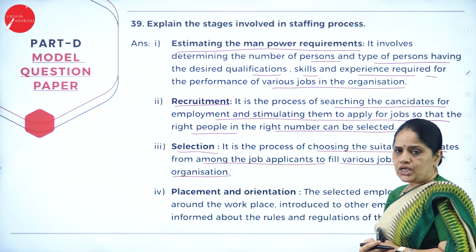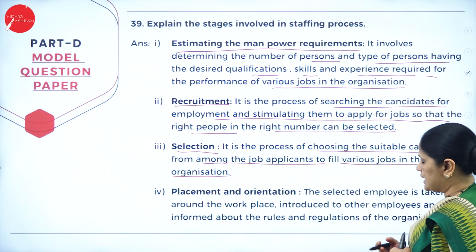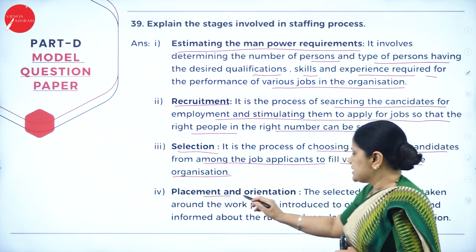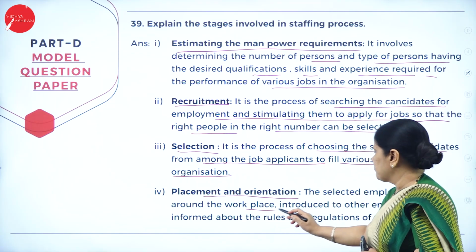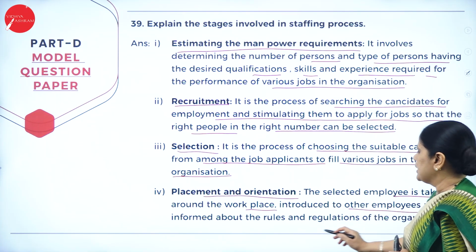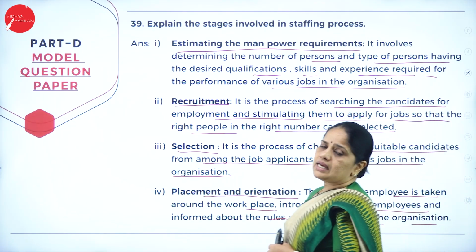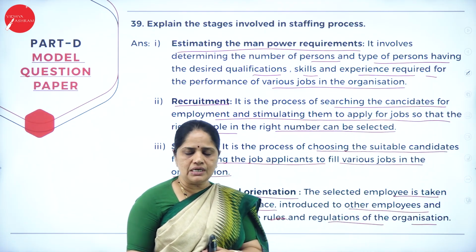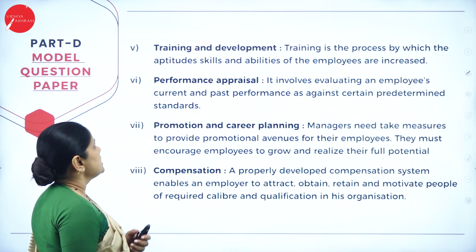So from the applications received, you select those applications which have the necessary qualification. Placement and orientation. The selected employee is taken around the workplace, introduced to other employees and informed about the rules and regulations of the organization. So you give him a position and introduce him to the rules and regulations of the organization.